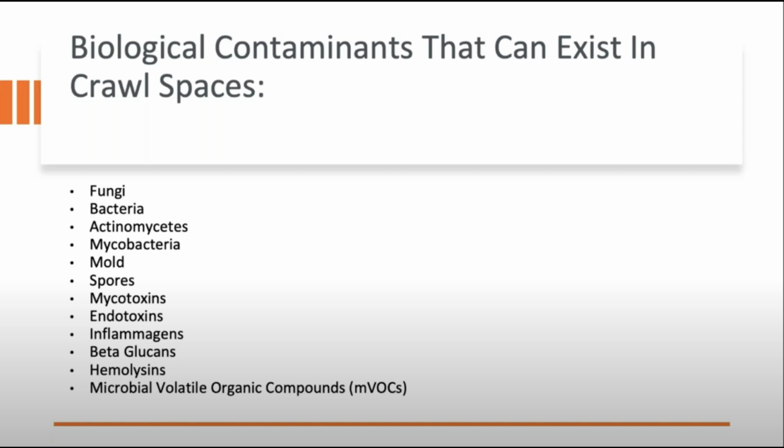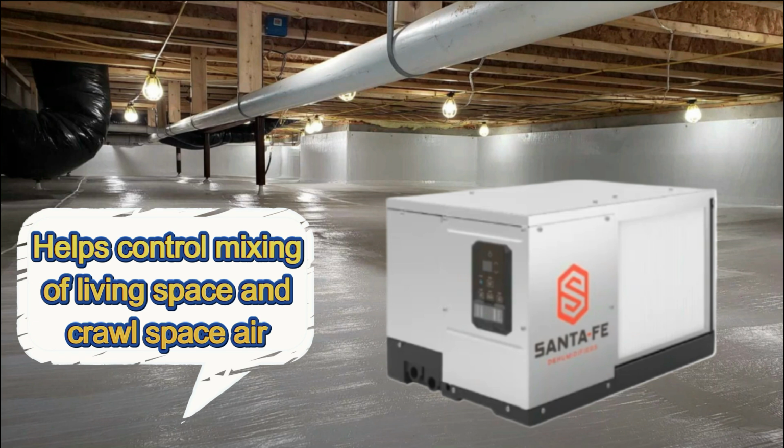The reality is, most people want to be made aware of these types of issues and have a solution presented to them to correct the problem. This is going to further show the importance of why sharing the crawl space air with the living area air doesn't make sense. This takes us back to why we need to use a dehumidifier in a conditioned crawl space, because we don't want the living space and crawl space air to mix.